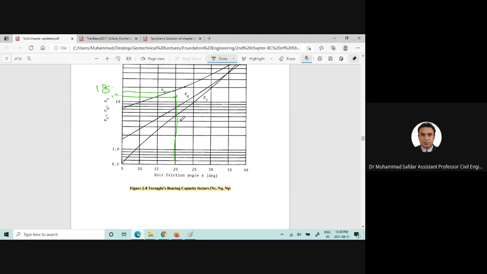Now for the case of N gamma, it's 2, 3, 4, 5. I guess it's 5.